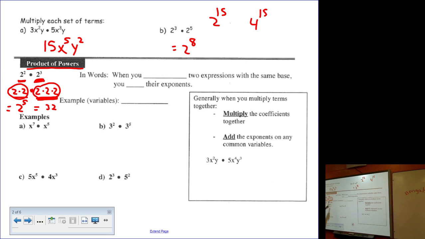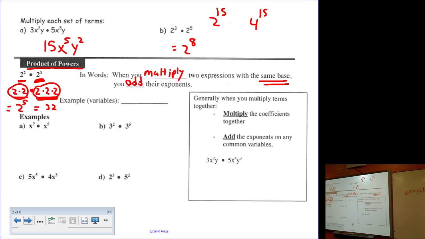Product of powers because we're multiplying together 2 things that have a power on them. And the rule says this. When you multiply two expressions with the same base, you add their exponents. That is why 2 to the second times 2 to the third equals 2 to the fifth.